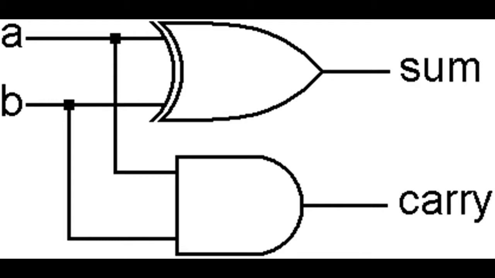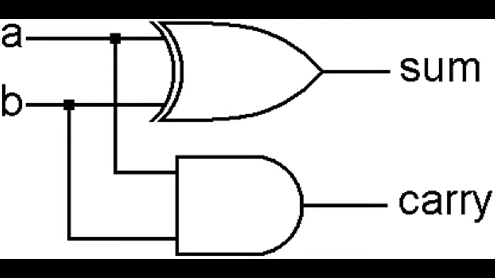So the main part of it goes into the XOR gate, which gives us our sum. And if you think about the truth table of the XOR gate, and the possible values for A and B, it really makes a lot of sense. If A and B are 0, you will get a sum of 0. If A or B are 1, you will get a sum of 1.